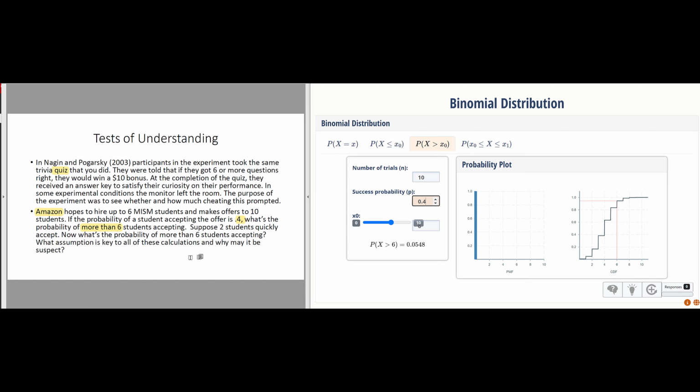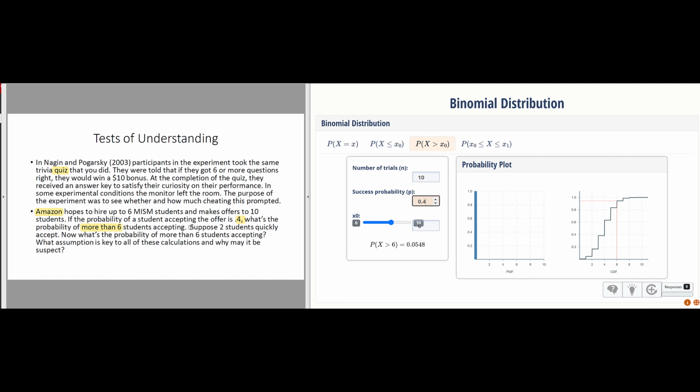So that's a pretty low percentage chance that we get more than the 6. We're hoping to hire up to 6 MISM students. The chance that we overshoot and hire more than 6 is just a little over 5%.